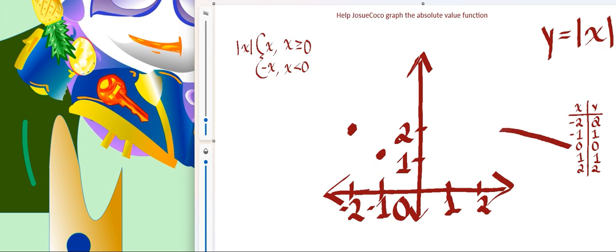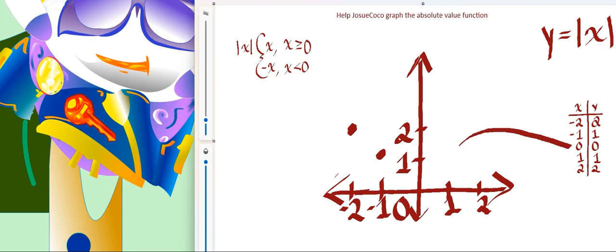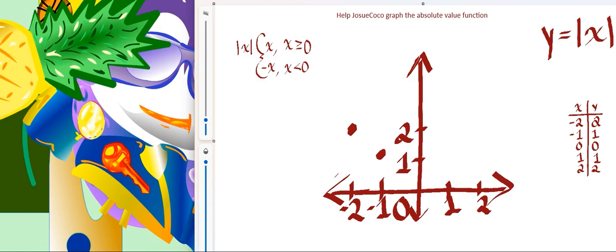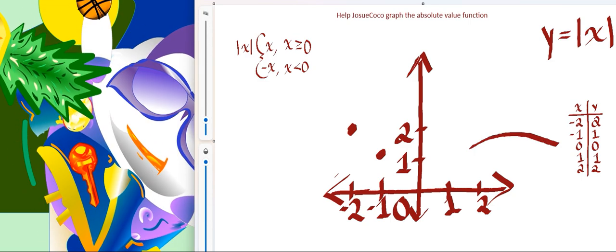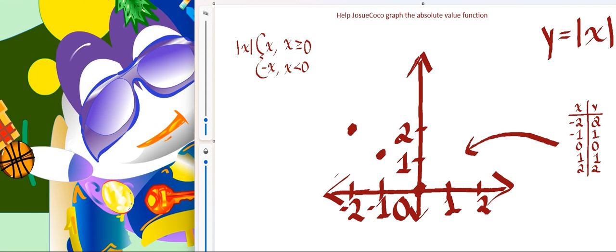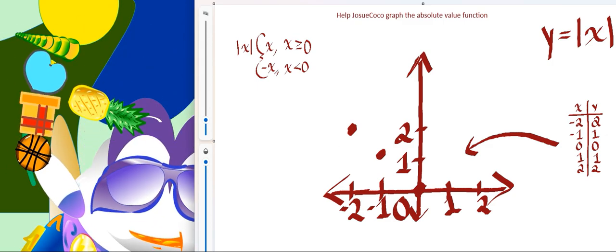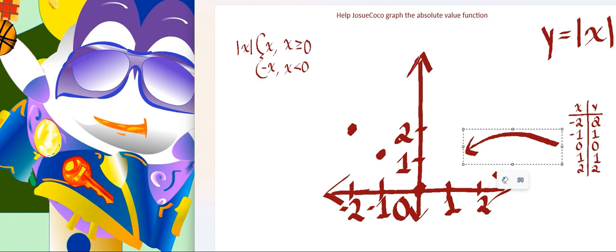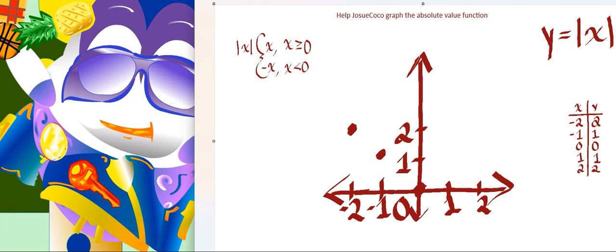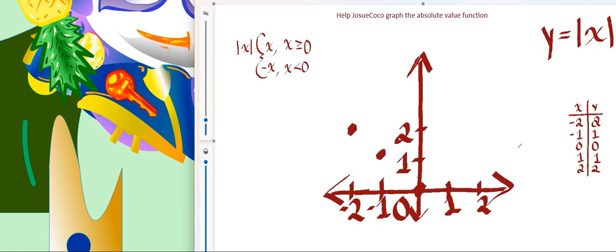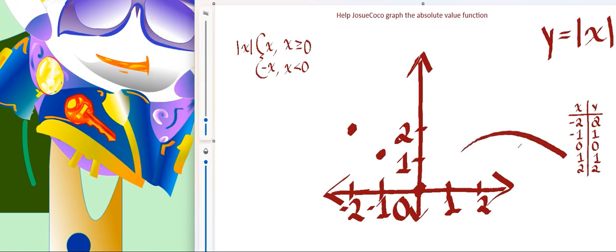Let's continue plotting here. We'll plot the origin here. When x equals 0, y equals 0. Next is when x equals 1, y equals 1.